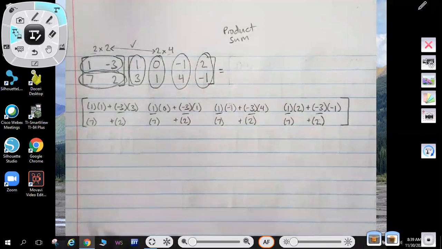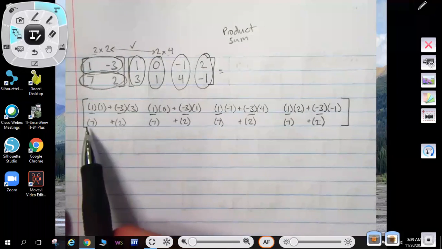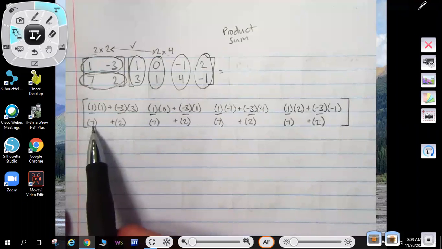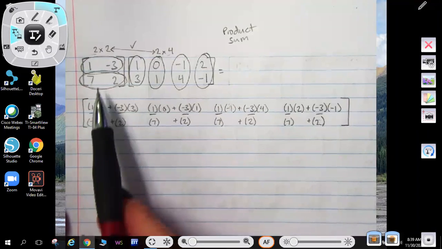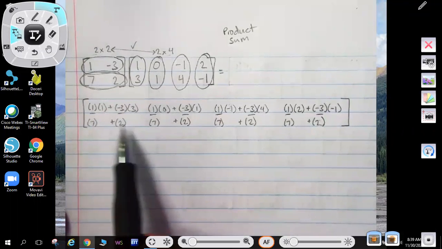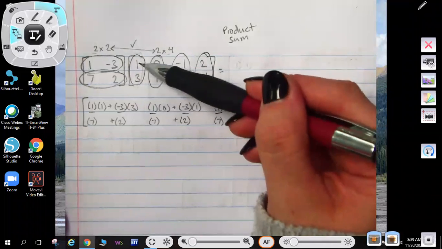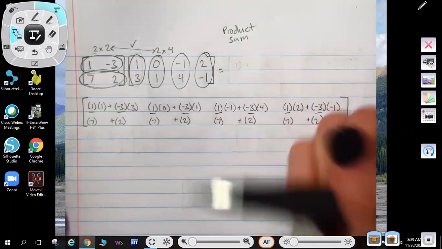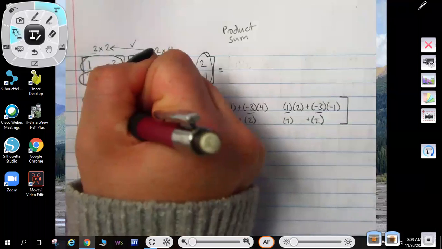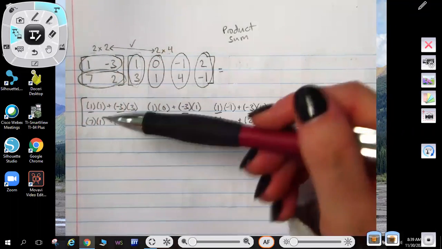Okay, now, if we're looking in the second row, first column, we've got 7 and 2, which came from the second row here. And then we need our other numbers to come from the first column of this matrix. So it's going to be 1 and 3. Okay, if you compare that to the first row, those numbers match.